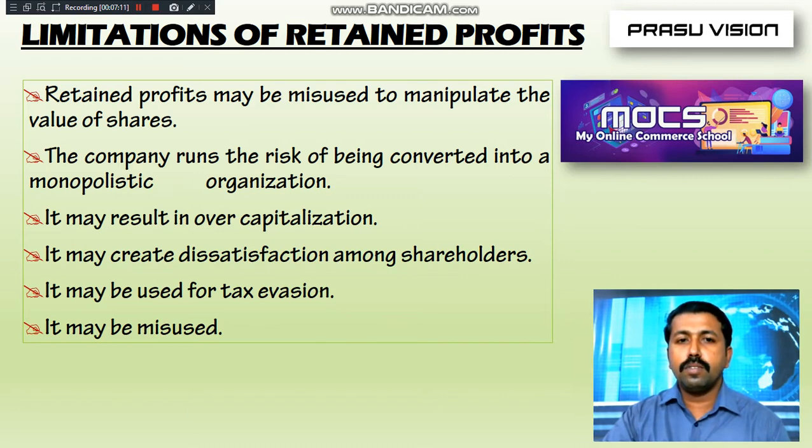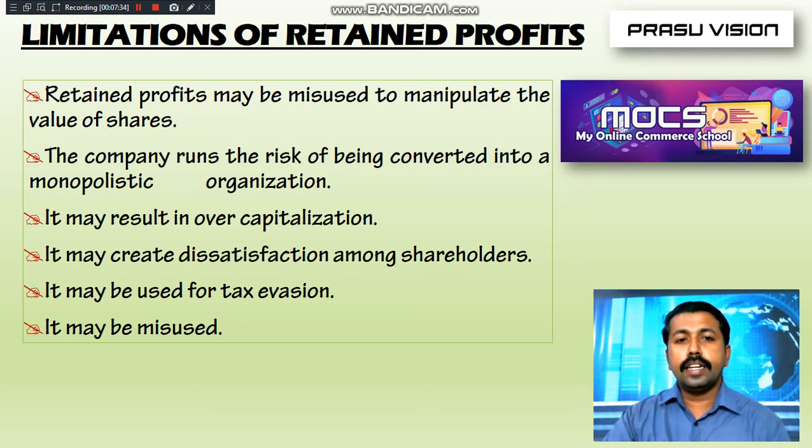Sometimes when they use retained profit, it will become a monopolistic organization. It may result in overcapitalization. Sometimes reinvesting the profit in the company will lead to overcapitalization, an unnecessary amount in the capital.